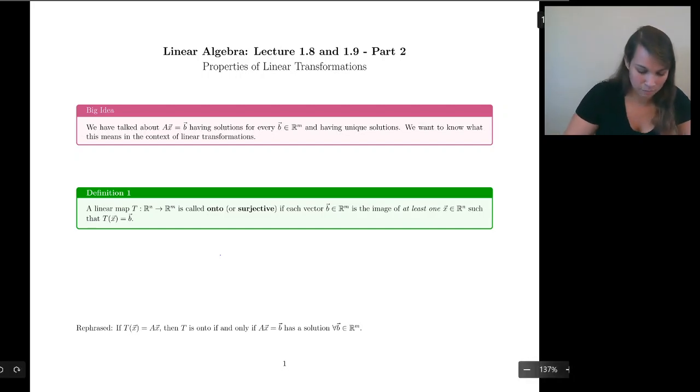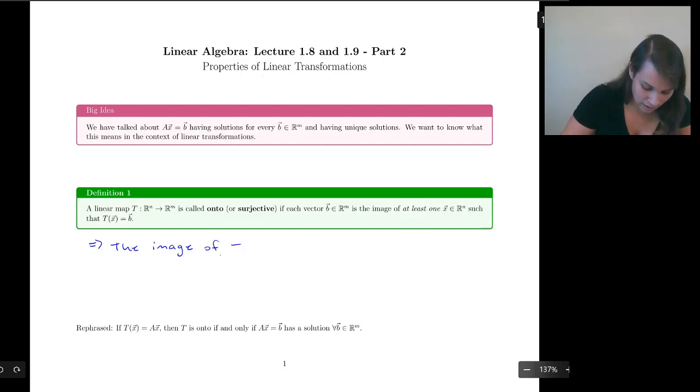So what that's implying, using some of the definitions from last time, is the image of T is all of Rm.